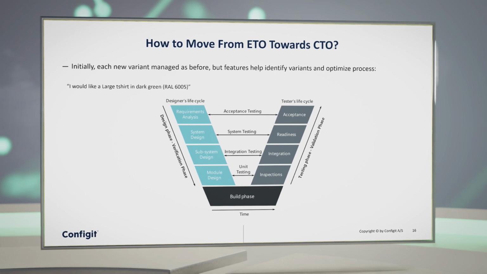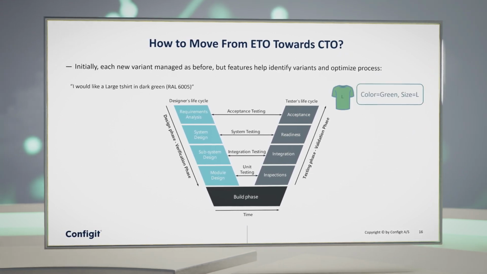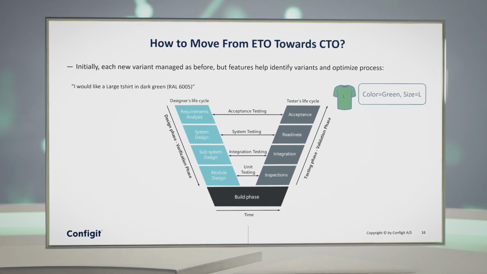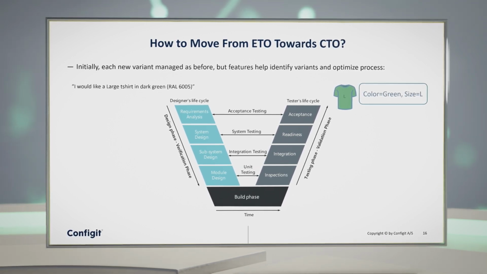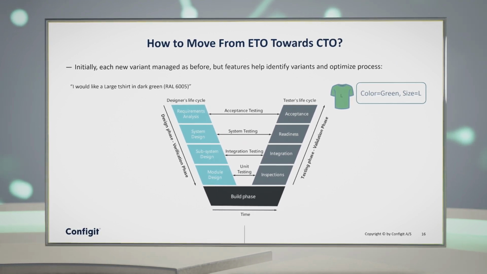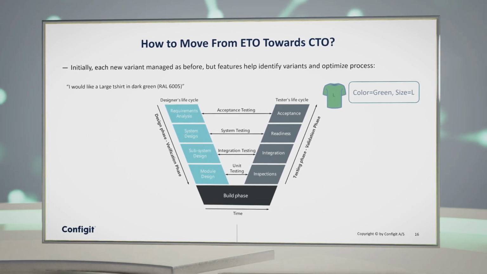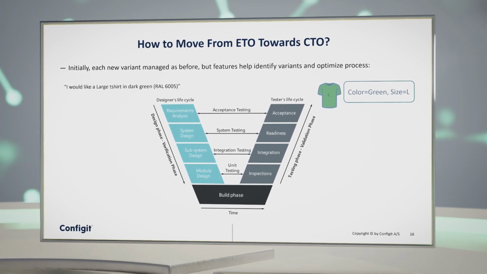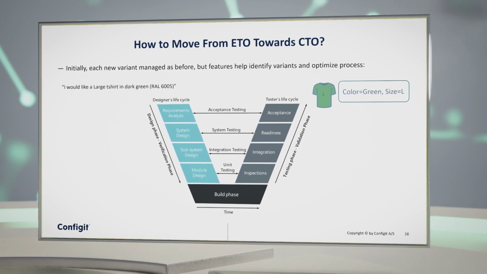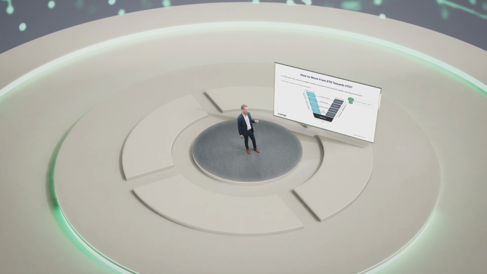That's basically color is equal to that, size is equal to that. And then you can imagine going through that V model with that feature content. Now, that doesn't do very much to optimize the process, except it now allows you to filter and search and find other variants more quickly, because you can search and filter based on the feature content.